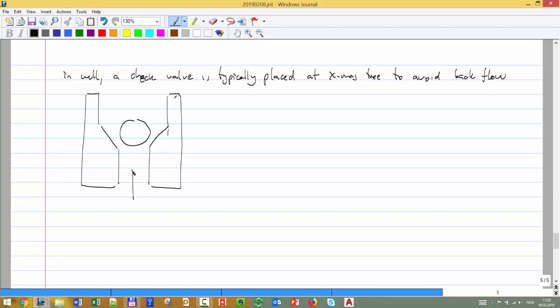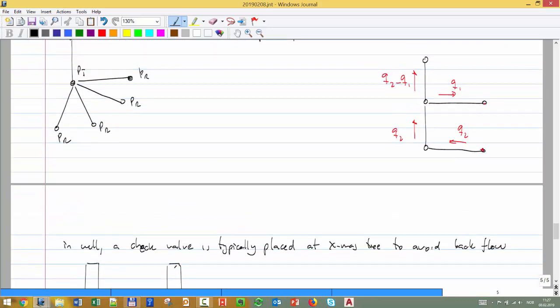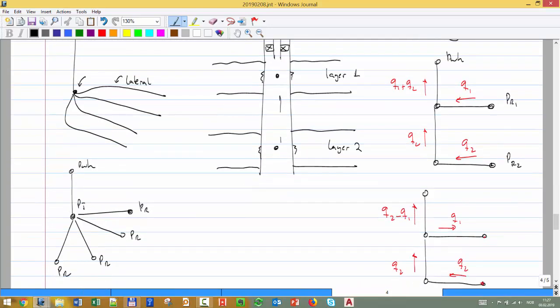Such that if you have flow in this direction, it allows flow, but if you have flow in the other direction, it presses the ball against the seat and no flow. However, in these cases we don't have that in place, so you might really well have the option that one is stealing part of the production.